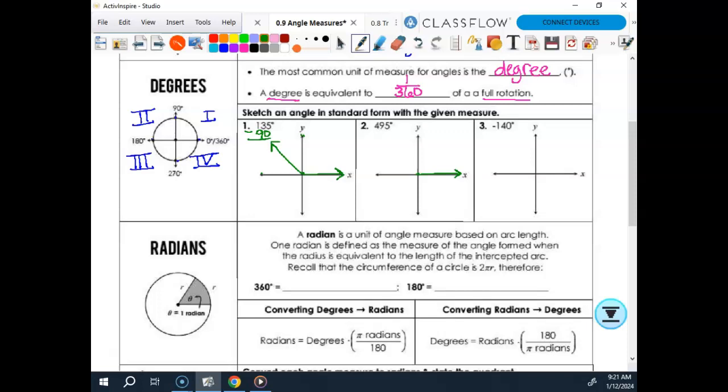So if I'm here and I rotate 90, 180, 270, 360, well, and then I know if I go another 360, that's 720. So I have to go one rotation and a little bit more. So I'm going to subtract 360 to figure out how much farther to go. What is 495 minus 360? 135. And that was what we had for number 1, right? So I'm going to draw that.